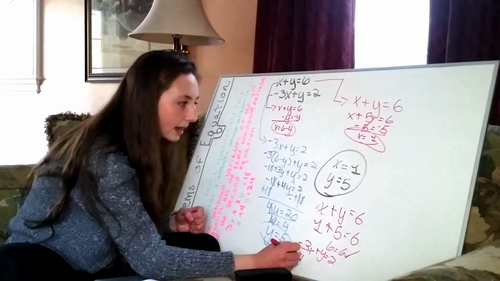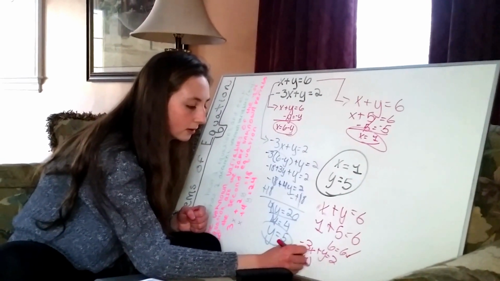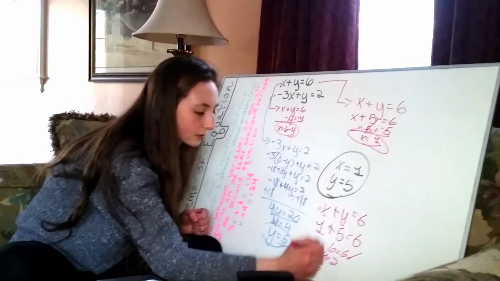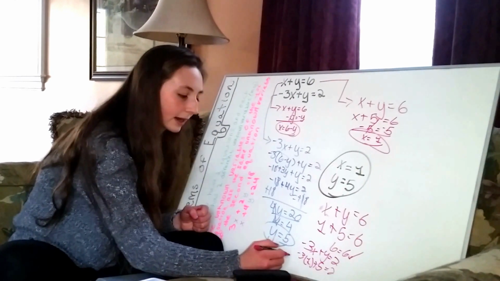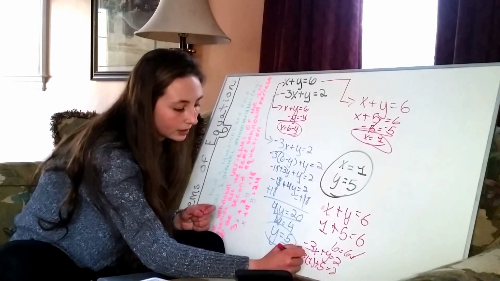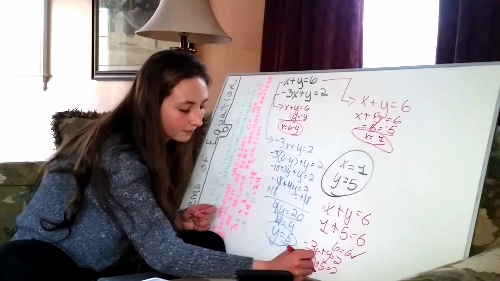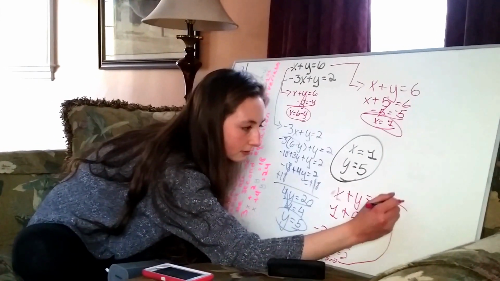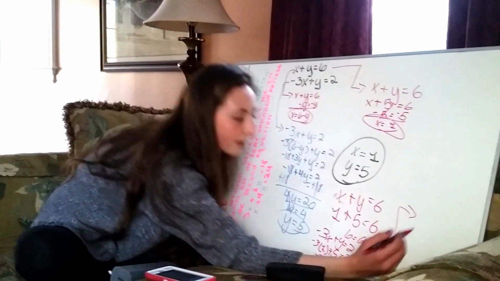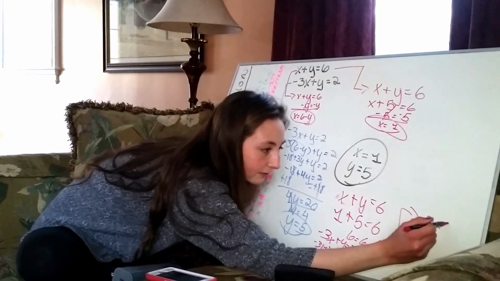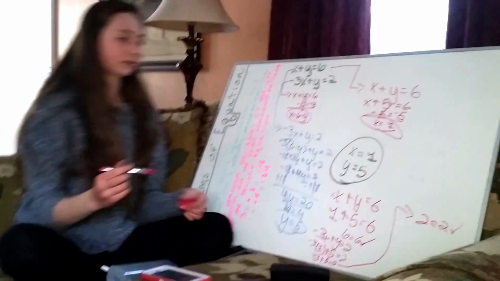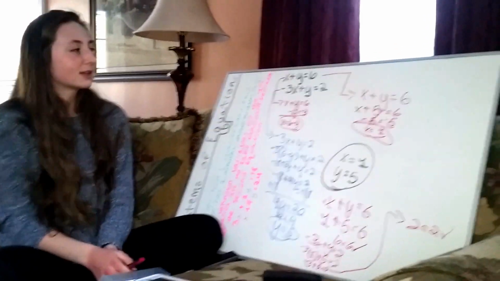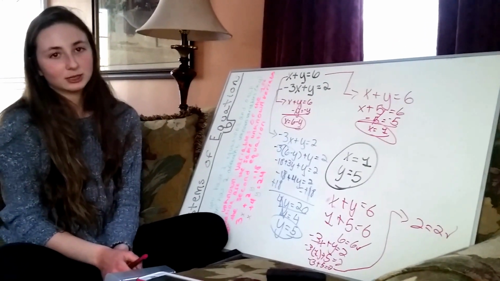Negative 3 times x is equal to 1, plus y is 5. Negative 3 times 1 is negative 3, plus 5 is equal to 2. And negative 3 plus 5 is 2, is in fact equal to 2. That's correct. So that is how you solve systems of equations by using substitution.